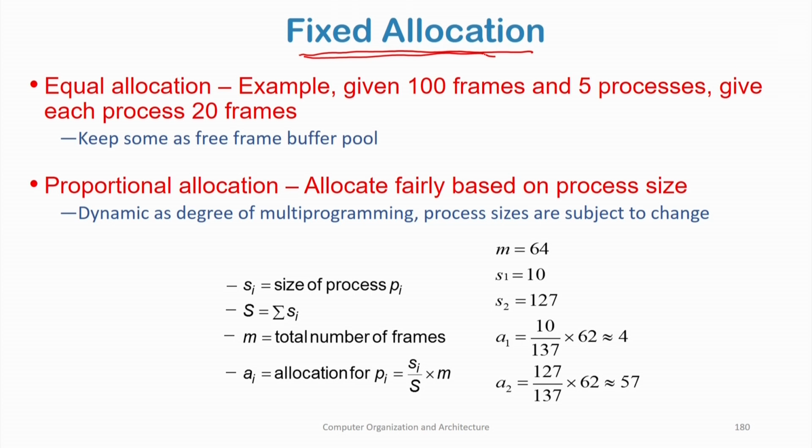Let us say I have 100 frames in physical memory, available after allocating frames to the OS, and I have 5 processes. So, the degree of multiprogramming is 5. I give each process 20 frames. I divide the frames among these 5 processes. So, this will be called a fixed allocation.